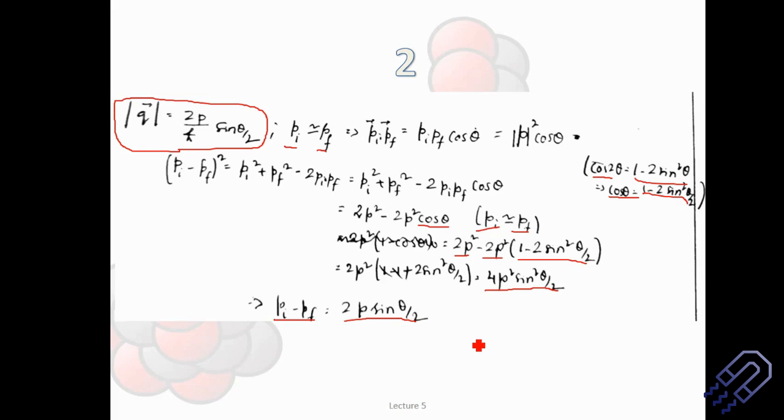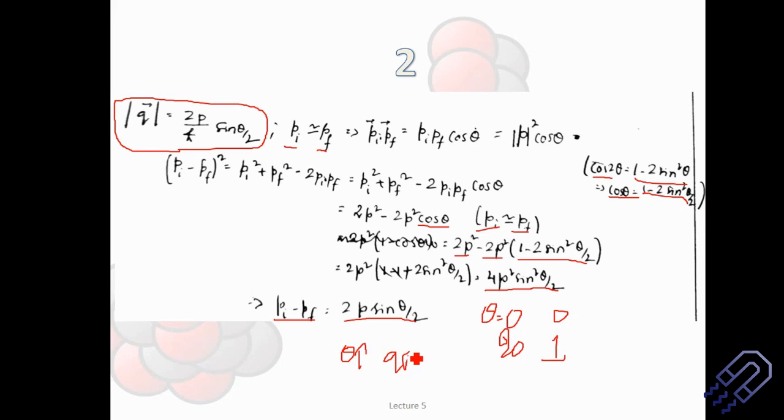Now imagine this, this is one more form of momentum transfer. So if you consider theta to be 0, then sine is nothing but 0. And if theta is 90, sine is 1. So what happens is, if this theta increases, Pi minus Pf, that means Q, will also increase.